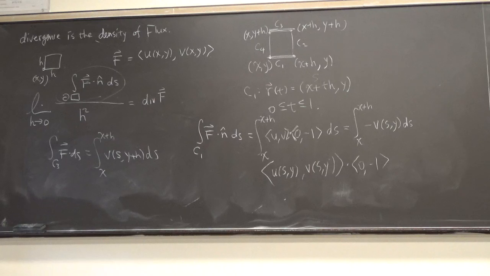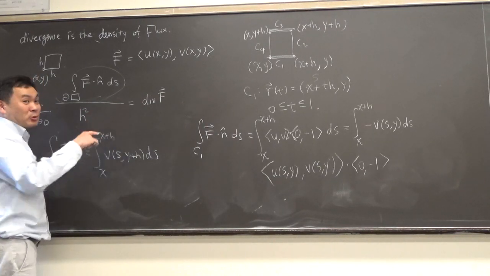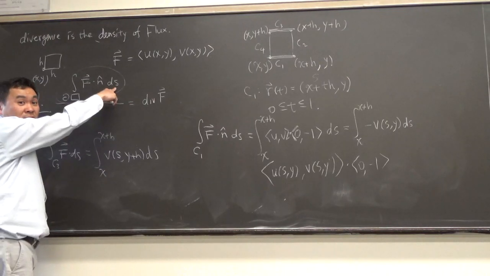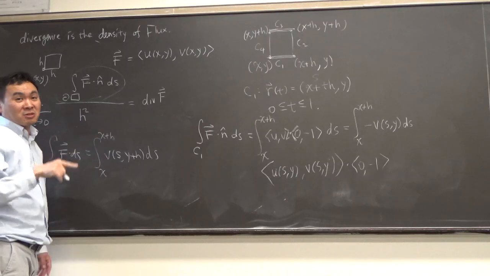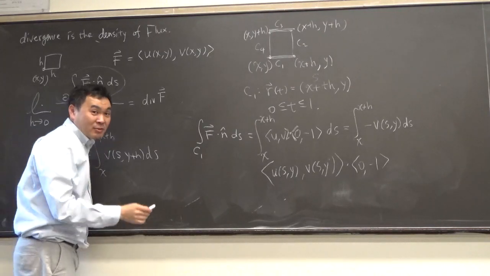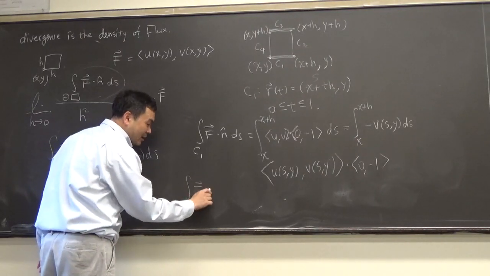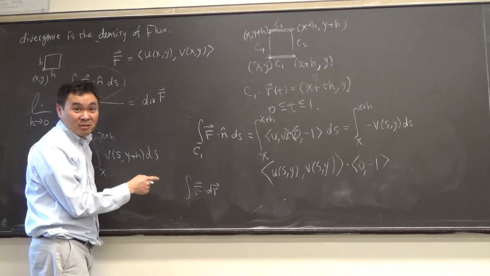I think it's from x plus h to x. The thing is, that would be true if we were doing the line integral with the vectorial dr. But this is ds, whereas it's a scalar. So in vector calculus, you have two types of line integrals. You have a vector dot dr, where the orientation really does matter.